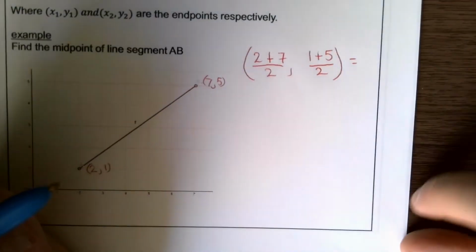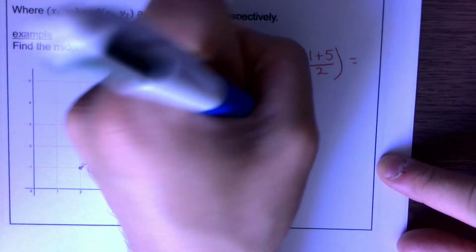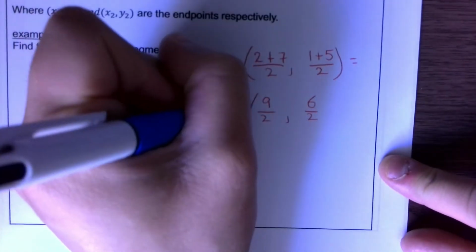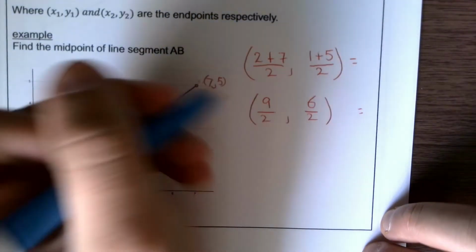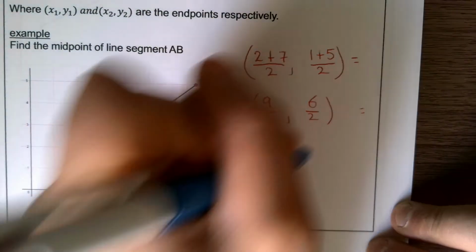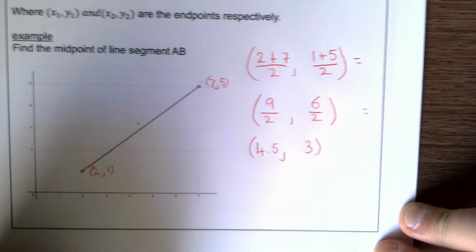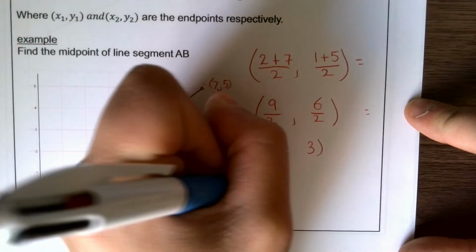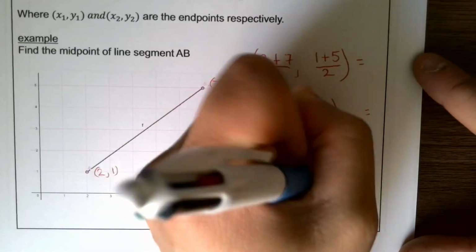On the line below, 2 plus 7 is 9, all over 2, and 1 plus 5 is 6, all over 2. And then we'll just do one more step of working. So 9 over 2 is going to give me 4.5, and 6 over 2 is going to give me 3. So the coordinates of my midpoint, we can call this M if we want, M for midpoint equals 4.5, 3.